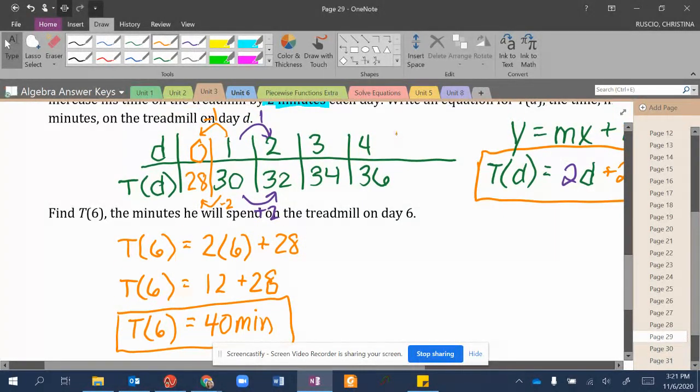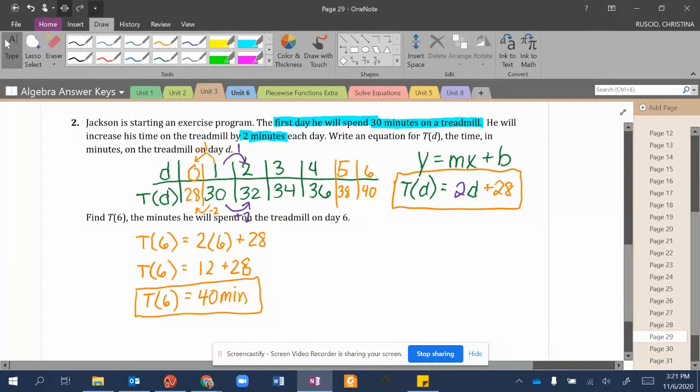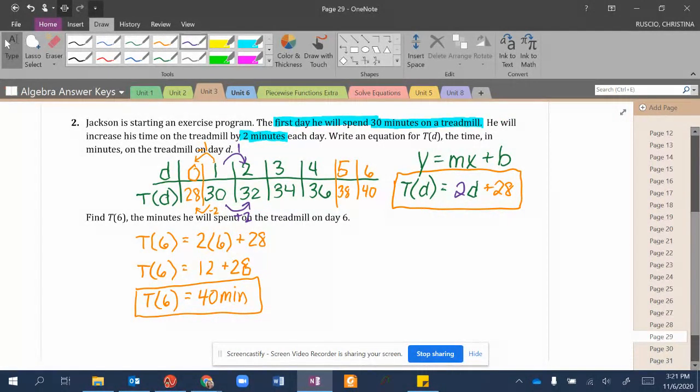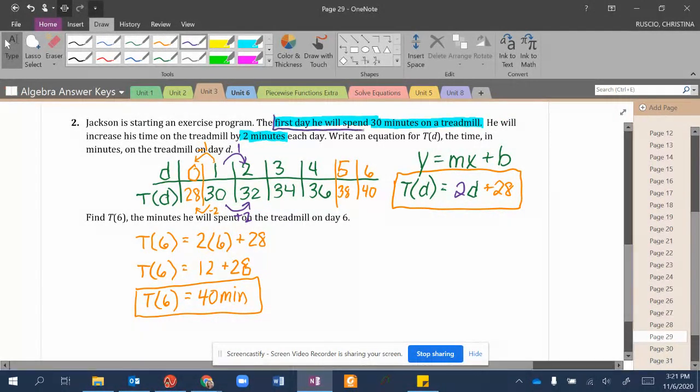And if we continue with our table up here with days 5 and 6, we're going to see if we keep adding 2 every time that this is also in line. Now, here's the catch. If you were not being careful and you put in your table 0, 30, your y-intercept would have been off by 2, and you would have had 2d plus 30, which would have made this part here off by 2 minutes as well.